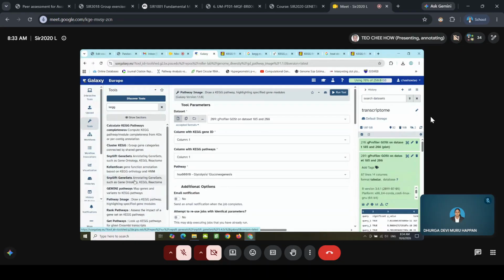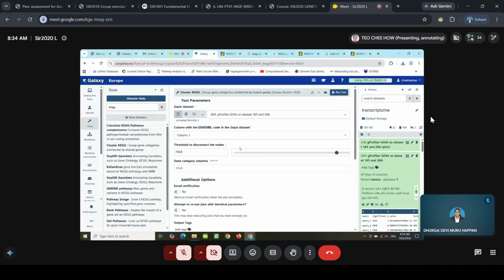Seems to be not able to cluster them in here. No, I can't find it.